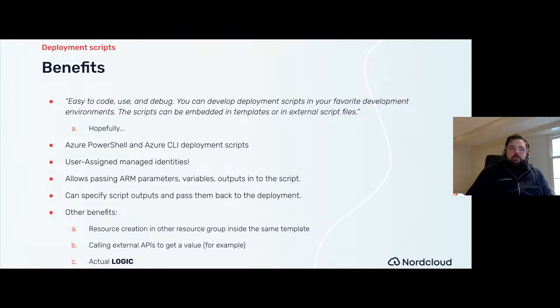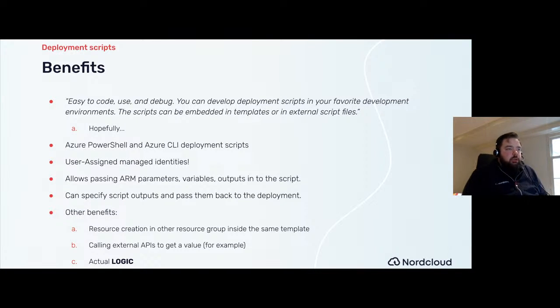And the same with, for example, querying values. Of course, you could have done that, at least in a way, before, but it wasn't really comfortable. But now you can just, let's say, do an Invoke-RestMethod command in PowerShell, and you can query an external API to get a value of whatever you need.